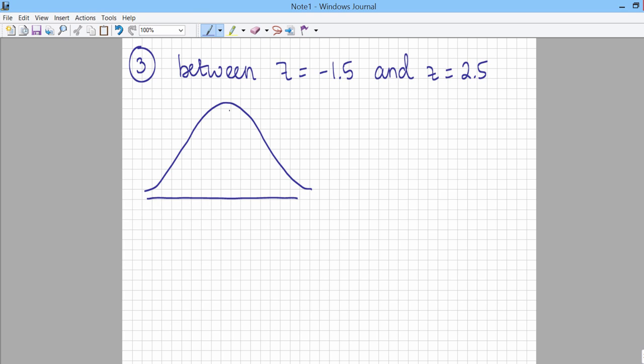Here's my 0. Negative 1.5 would be roughly over here, right? 2.5 standard deviations away would be somewhere here. This is just a sketch to give you an idea how much you should be covering. So we're going to shade in this area.